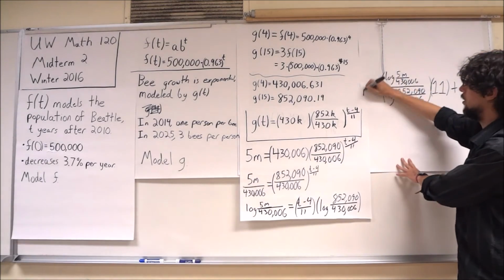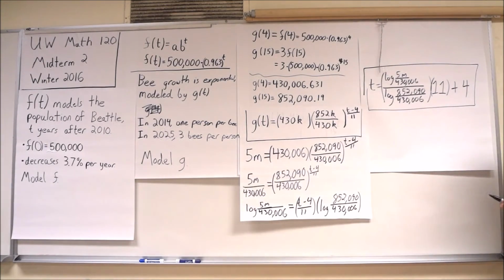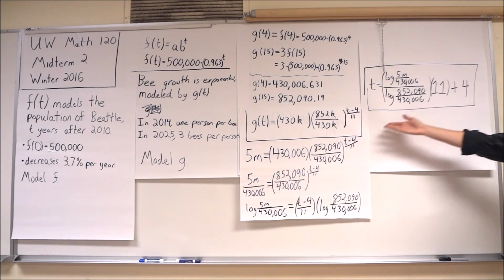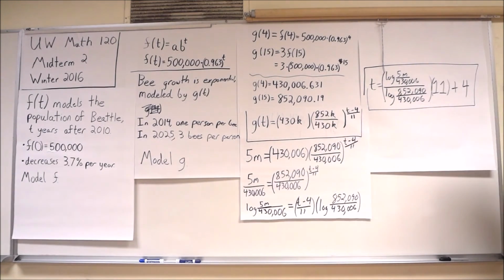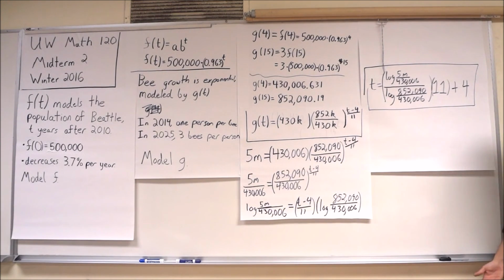And this is our solution for when the bee population will be 5 million. So if I had a calculator in my hand at this point, I would actually compute a particular value of t and plug it back into my equation g of t here and check whether this does actually give me a value of 5 million.